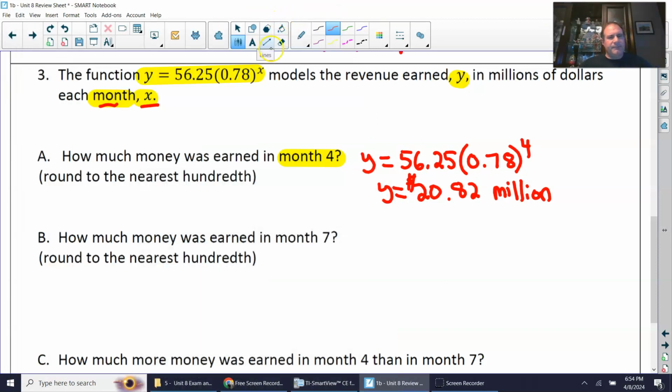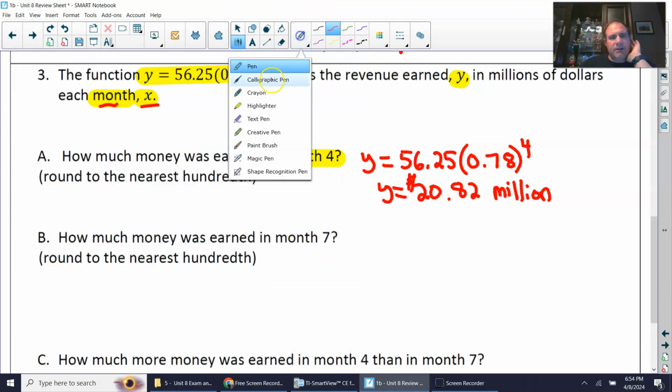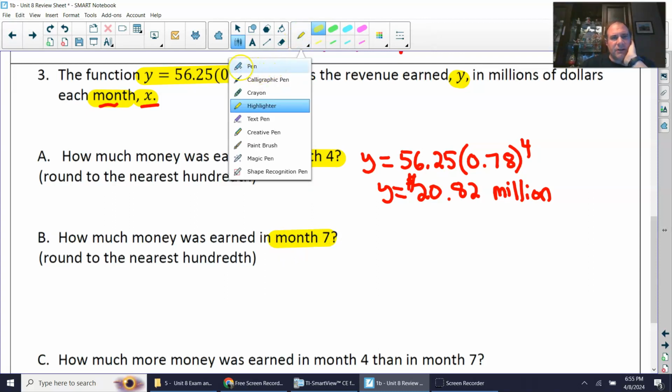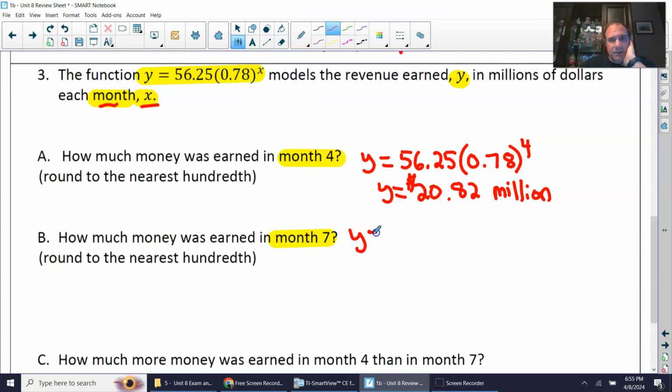All right. How much money was earned in month 7? A lot going on here. You're just going to use the same equation: 56.25 times 0.78, instead of 4, it's 7.